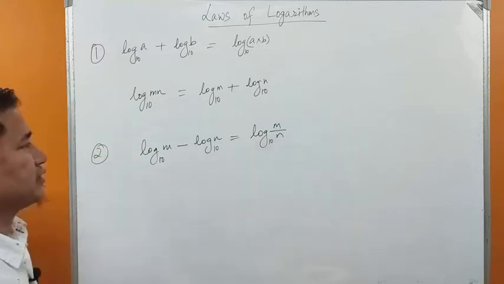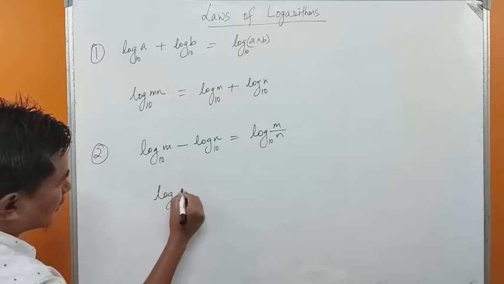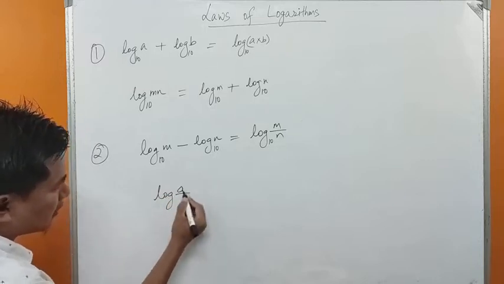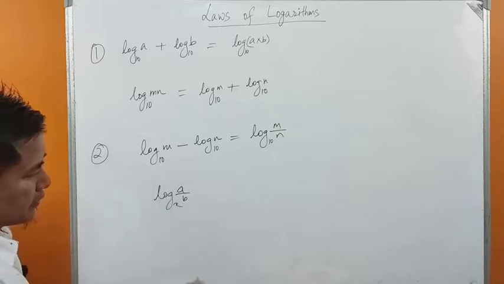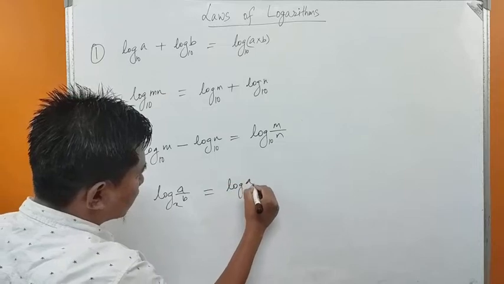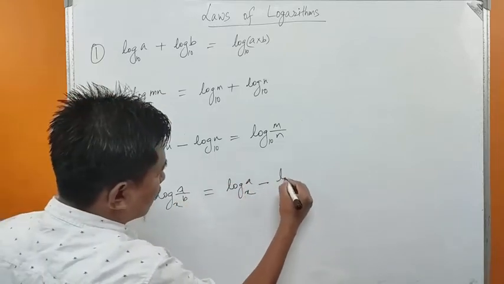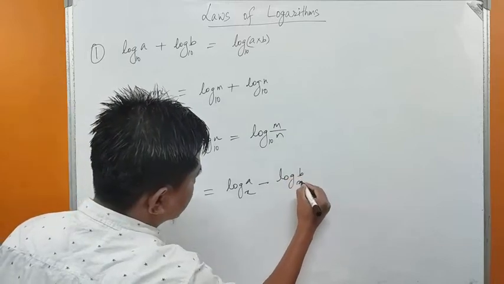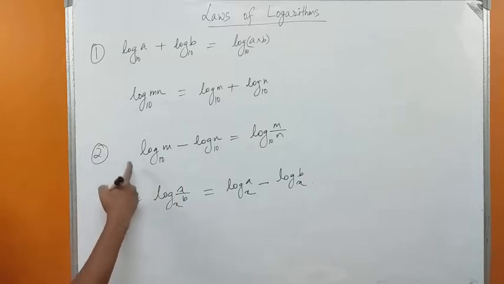This is division, isn't it? So the reverse is also true. If we have log a upon b to the base x, we can write this as log a to the base x minus log b to the base x. So this is just the reverse of this.